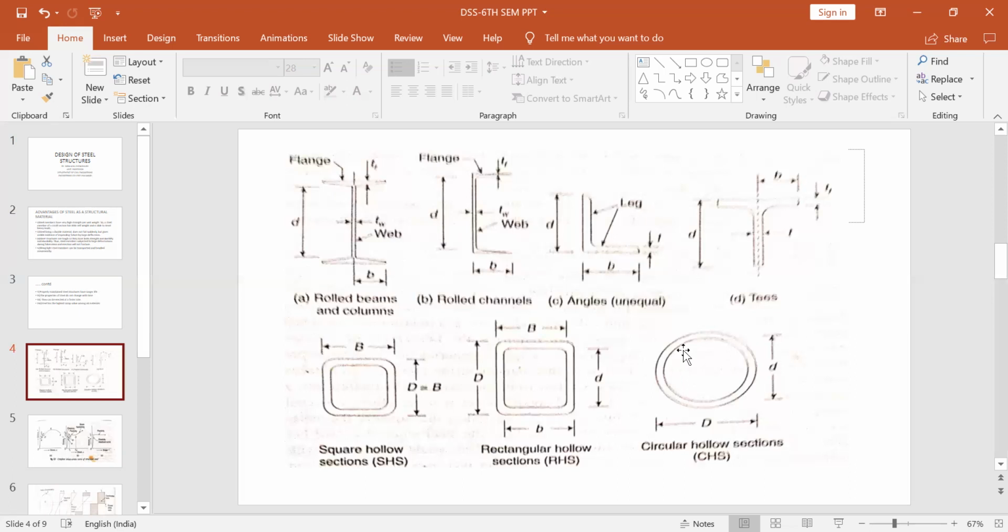Standard structural steel is Fe 410 A, B, C. Fe 410 refers to ultimate tensile strength of 410, given by Fu. Yield strength is 250. So this is generally used. And then there is micro alloyed medium or high strength steel, which is Fe 440, 540, 490, and 590 B.